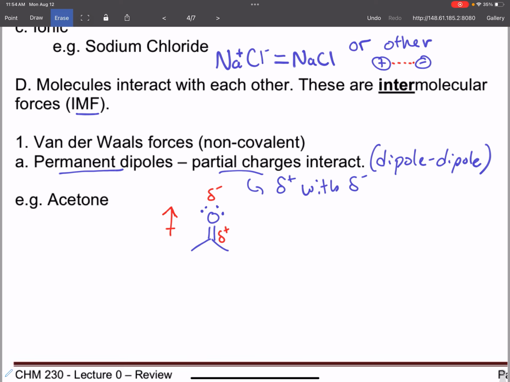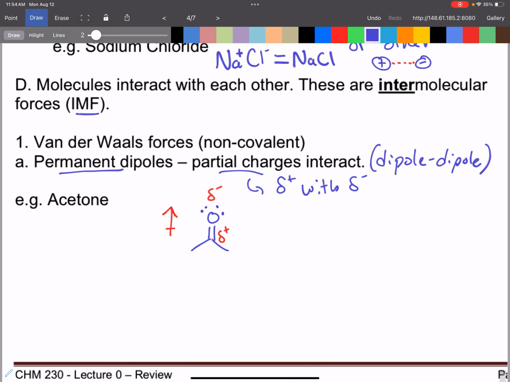But the point here is let's see how that acetone interacts with another molecule of acetone. So I'm going to draw another one kind of right below it, just like that. Include the lone pairs. And just like the one above it, this has a dipole, partial negative here, and then partial positive where that carbon is.